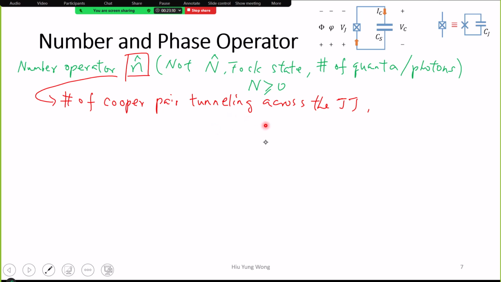However, now it's like he's saying that I only have positive values of n, small n, because I'm counting how many tunnel through this junction, right? But from a current perspective, can you get negative current usually in your circuit? What's the meaning of negative current?